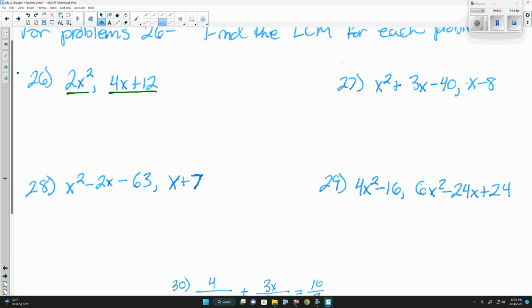Now 4x plus 12 has a greatest common factor of 4. And if we factor it out, we get 4 times x plus 3. So least common multiple, we're trying to see what is the first expression that we can make 2x squared and 4 times x plus 3 be. Now in either case, we're going to need the x plus 3.